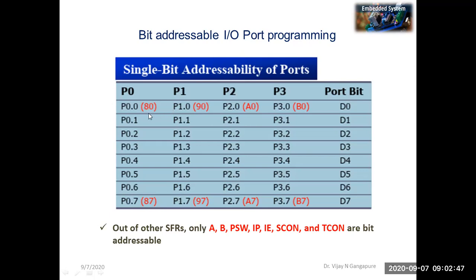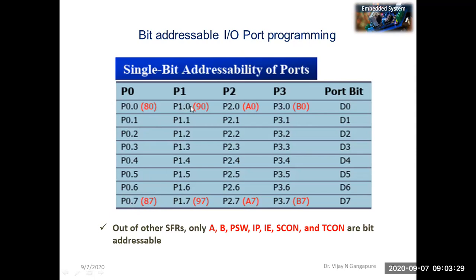For that we need these port pin addresses. Every port pin has a different address. So this table lists these addresses for the port 0, port 1, port 2 and port 3 pins of the 8051 microcontroller. Port 0 pins P0.0 to P0.7 have an address range of 80 to 87, meaning pin number 0 of port 0 has address 80, pin number 1 of port 0 has address 81, and so on, and pin number 7 of port 0 has address 87.